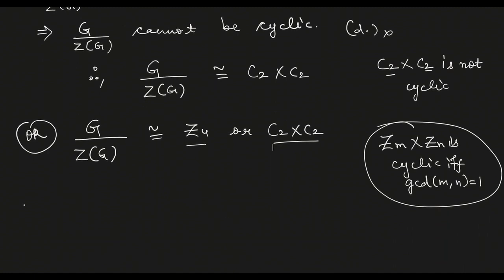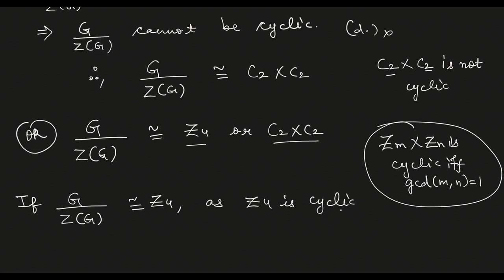Now if G/ZG is isomorphic to Z4, as Z4 is cyclic, it can't be possible because it is not cyclic. Z4 is cyclic implies abelian, because every cyclic group is abelian.